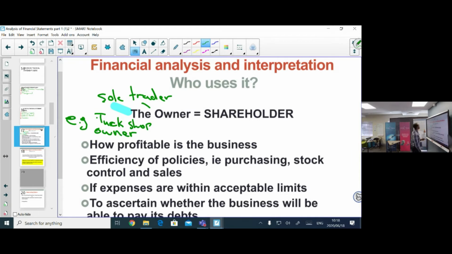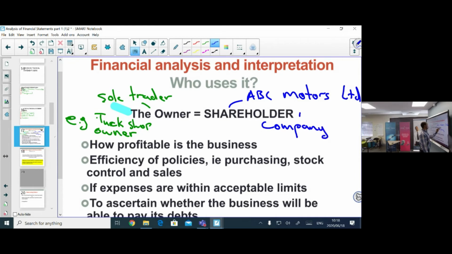And maybe this side could be maybe ABC Ltd. You see, that's a company. Public good. You must remember the different types of forms, different types of ownership.